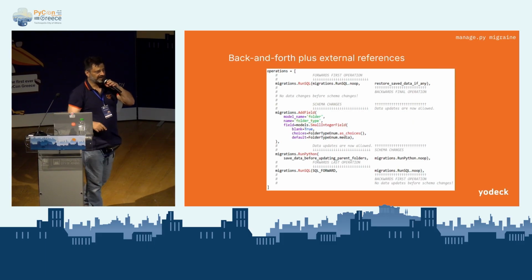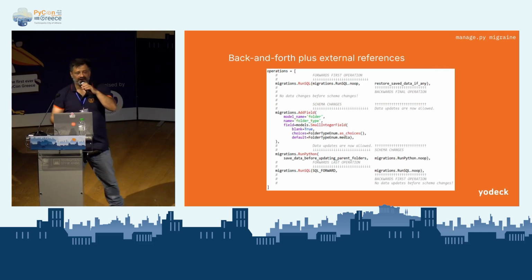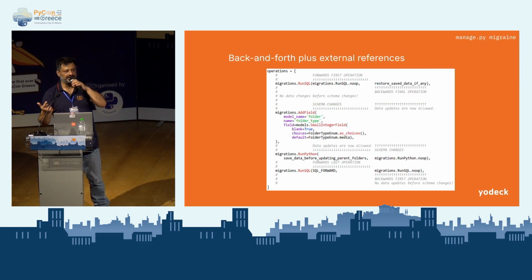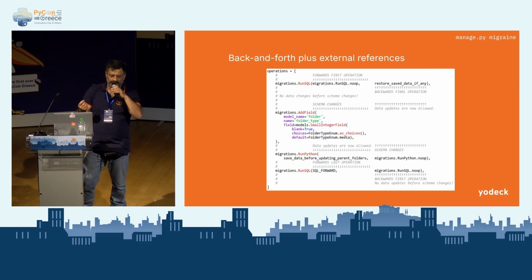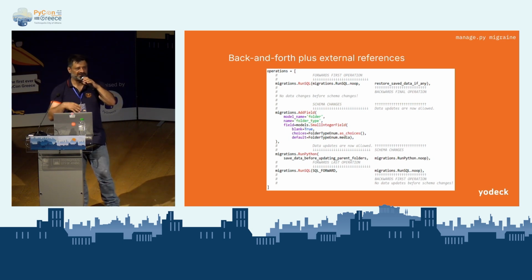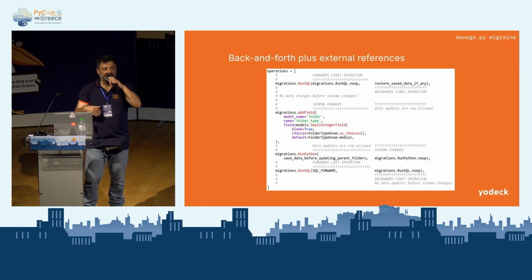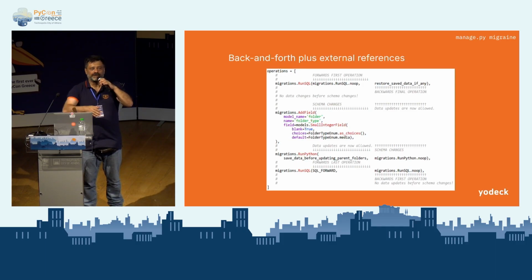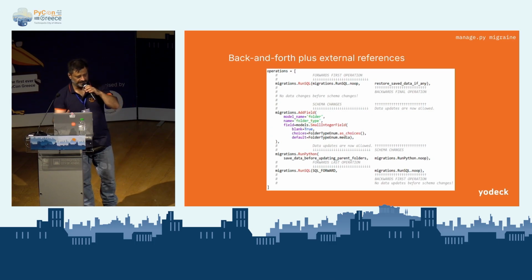And given that Postgres, which we use, in a single transaction does not allow data changes after the schema has changed. If you change a table, you cannot add data to it or to anything else in that transaction until the schema change has been committed.